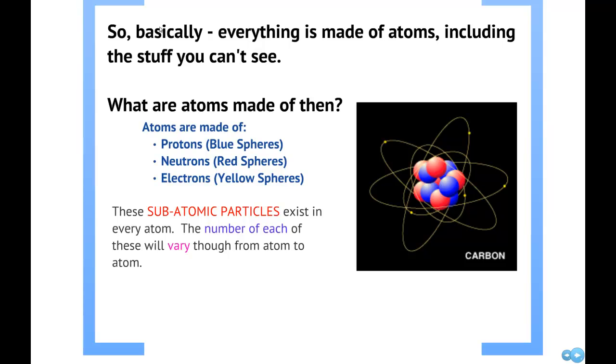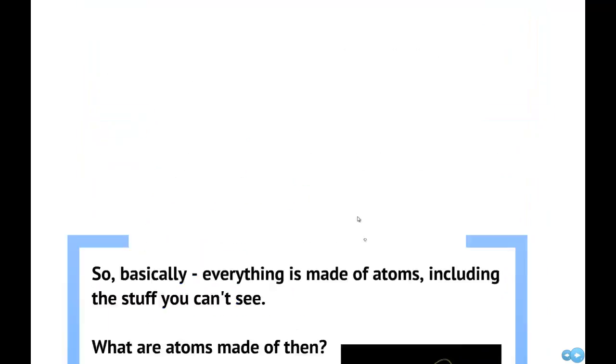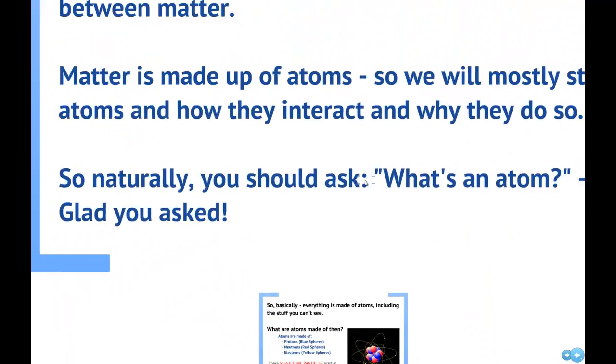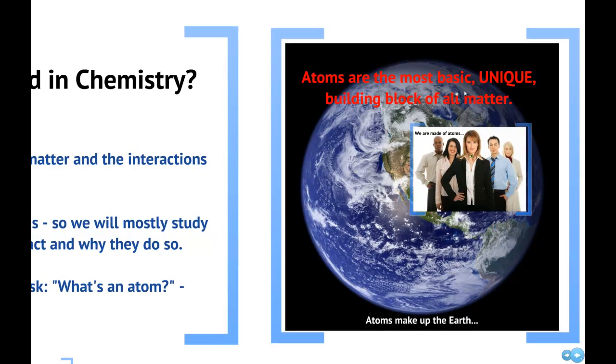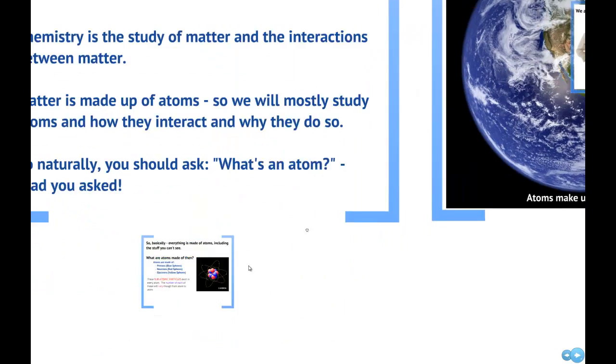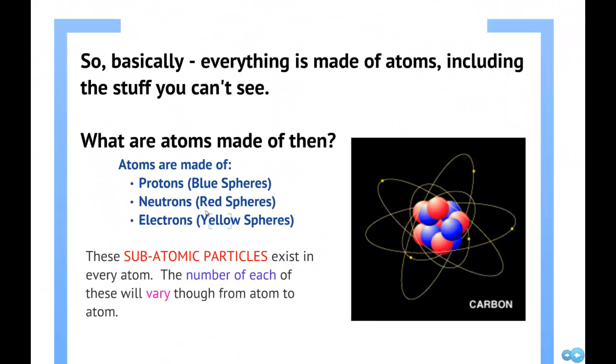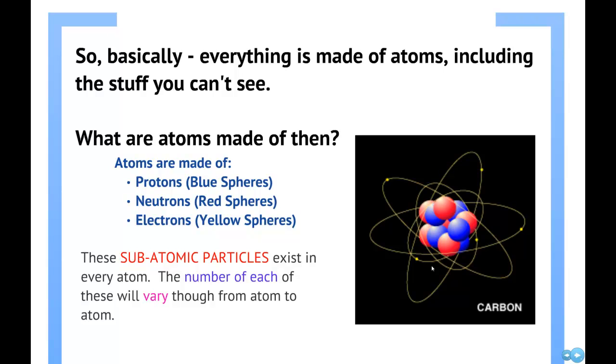Remember, I said an atom was the most basic, unique building block. That's because every single atom that we know of contains protons, neutrons, and electrons, so those are not unique. But the arrangement of protons, neutrons, and electrons makes each atom unique.